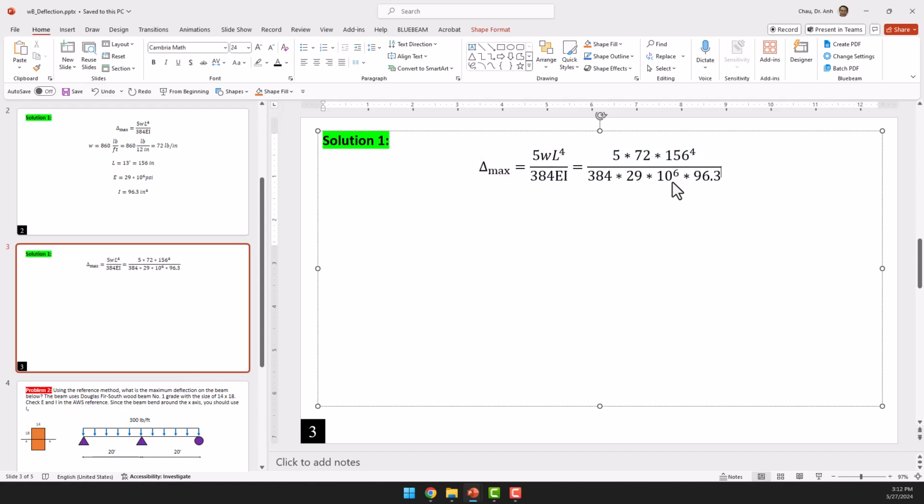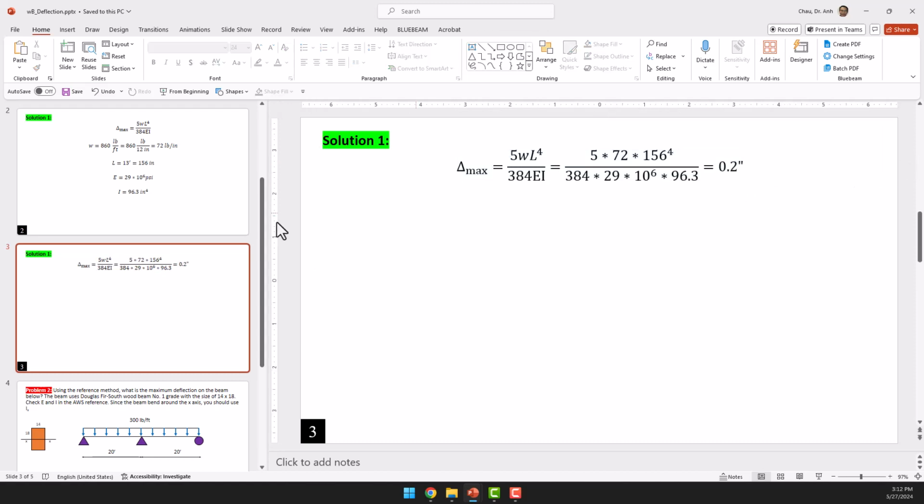And finally, I have the deflection over here equal to around 0.19 something. So I will round up to 0.2 inches.